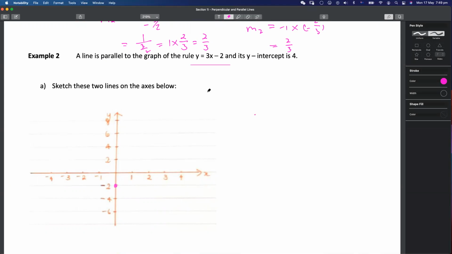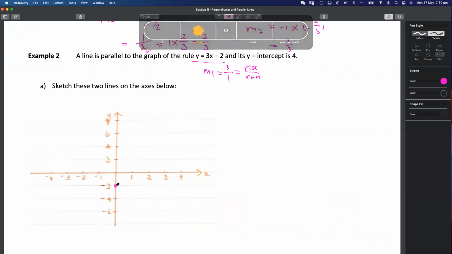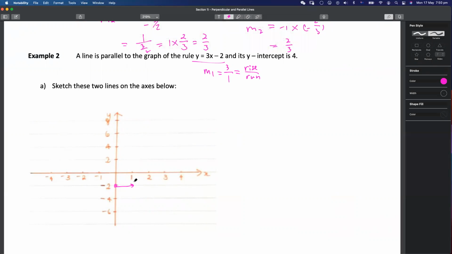So 3 is our gradient, m1. 3 is equal to rise over run. So 3 could be written as what? As 3 over 1, which means it's got a run of 1 unit and a rise of 3 units.